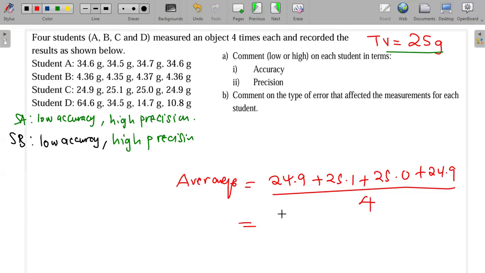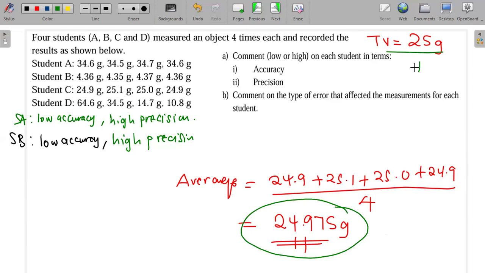My average is 24.975 grams. Is this average close to the true value, which is 25? Yes, the answer is yes. 24.975 is very close to 25.